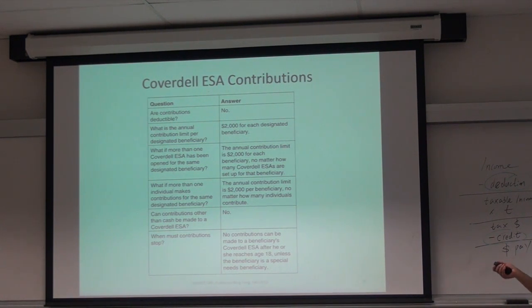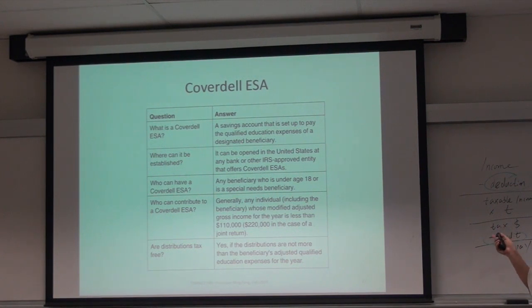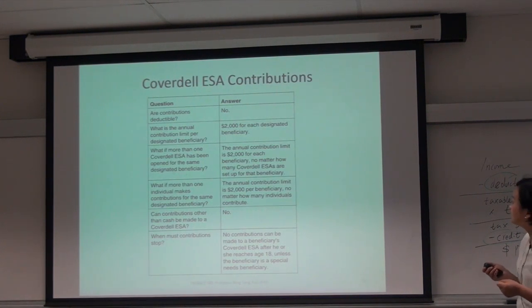When you withdraw the money to pay qualified education expenses, if the distribution is not more than the beneficiary's adjusted qualified education expenses for that year, then the distribution is tax free. You need to pay the tax at the beginning, and it grows tax free. When you withdraw, if it's not more than the qualified education expenses, you do not need to pay the tax. They call it a distribution. When you use it to pay for tuition, etc., you do not need to pay the tax.